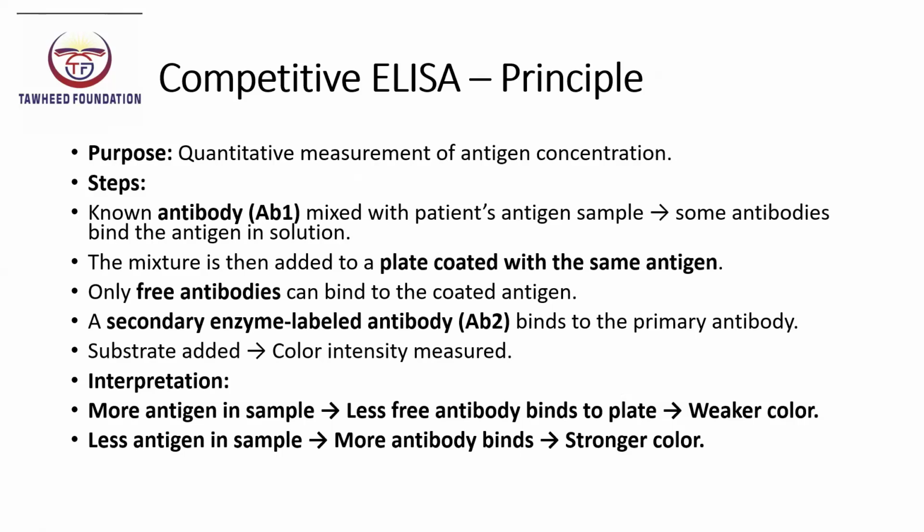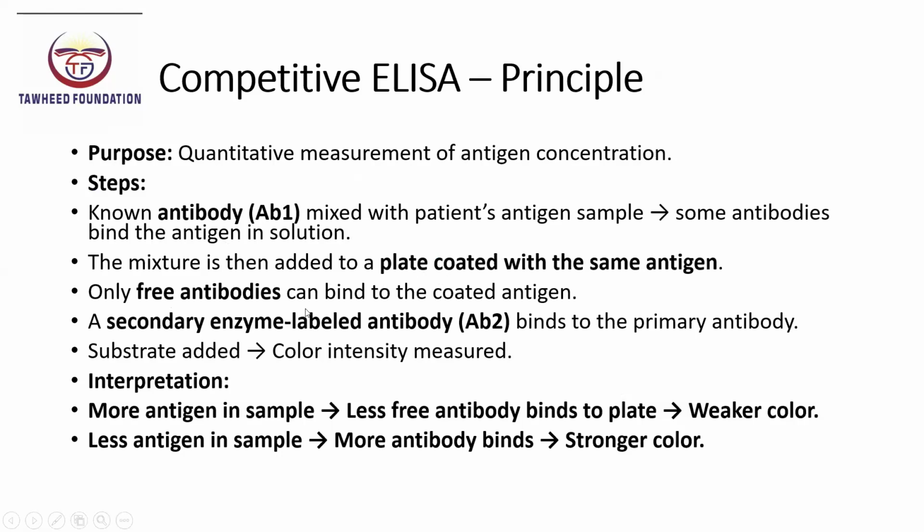Next is competitive ELISA. Purpose is quantitative measurement of antigen concentration. Steps: known antibody is mixed with patient's antigen sample. Some antibodies will bind antigen in solution. The mixture is added to plate coated with same antigen.